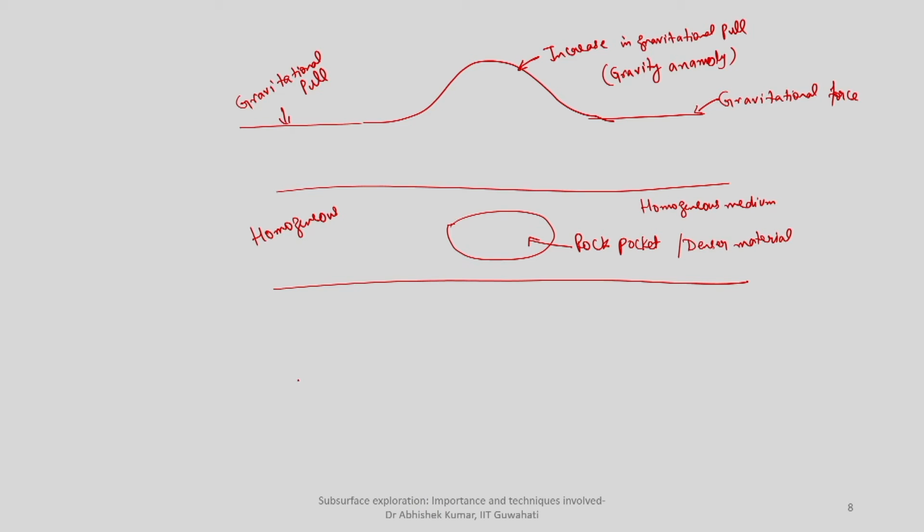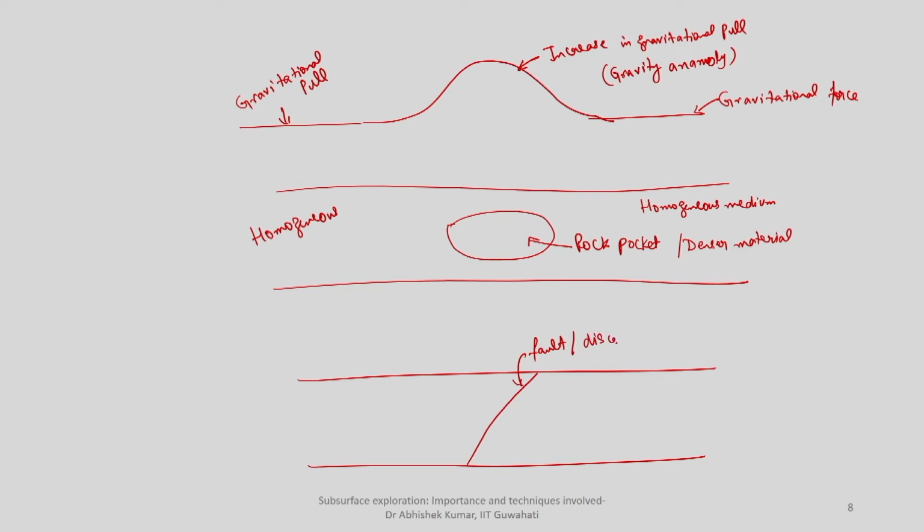In the same way, if you have a ground surface and some kind of fault here, generally on either side of the fault there will be some kind of relative movement, or different kinds of material deposited because of the movement along the fault. So, if I call it a fault or discontinuity, here I can say a lighter medium, then you can have a denser medium.